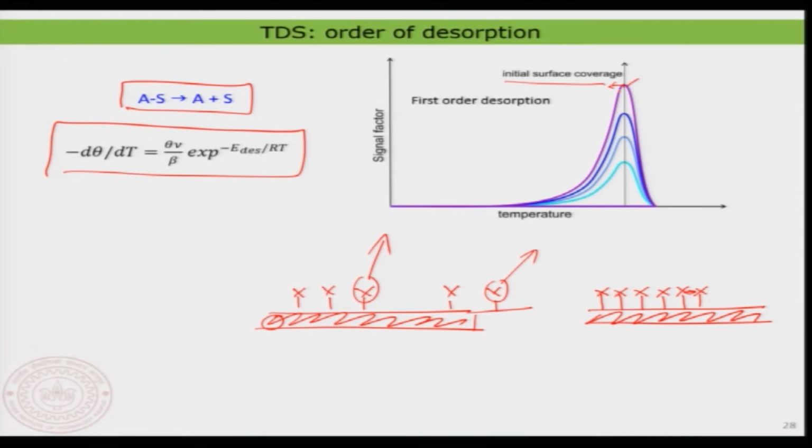This is possible at an extremely high coverage for the first order reaction, but normally in a moderate coverage or even a relatively high coverage, the so called desorption peak temperature is independent of the initial surface coverage.